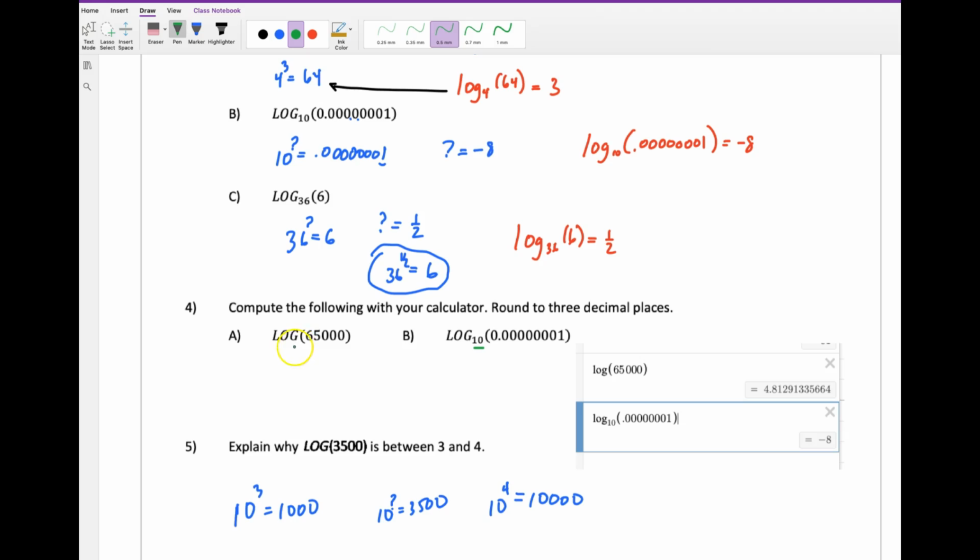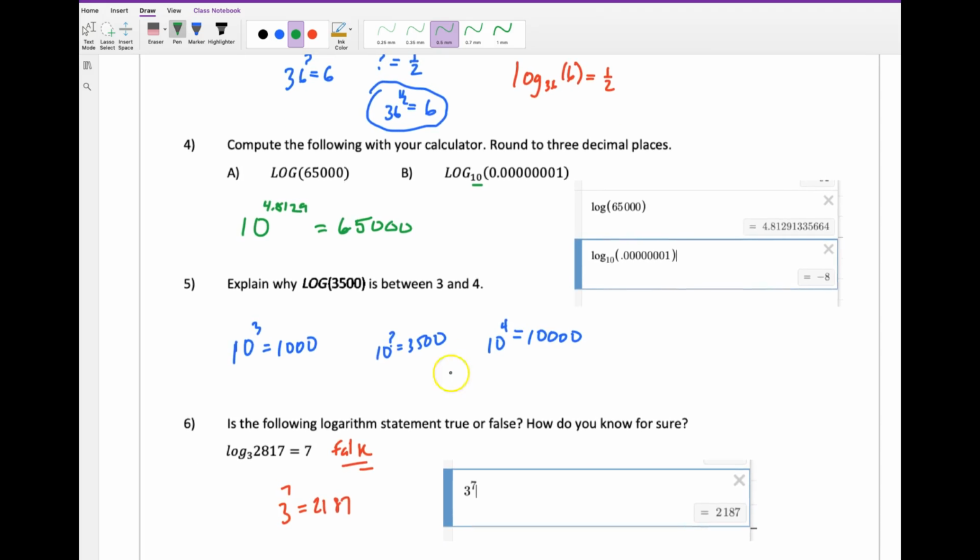So just keep that in mind there. And so you can see log of 65,000 is this number here, because 10 raised to the power of 4.8129 is going to be very close to 65,000. So we have that there.